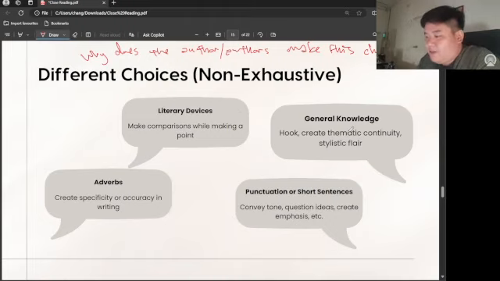All right, why does the author use certain punctuation? Is it meant to convey tone or to question certain ideas, right? Like your quotation marks, okay, or to create emphasis for certain things. Or why does the author use this adverb here?